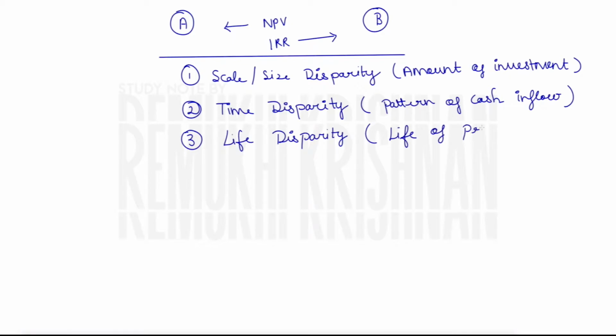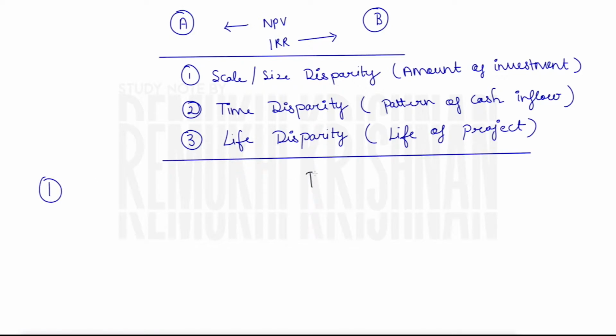So under these three scenarios, if you go for NPV, it will provide you with one answer, and if you go for IRR, it will provide you with the other answer. So in order to rule out these conflicts, we are provided with a different set of steps to be followed to choose the correct project.